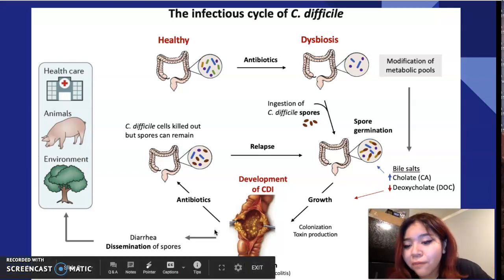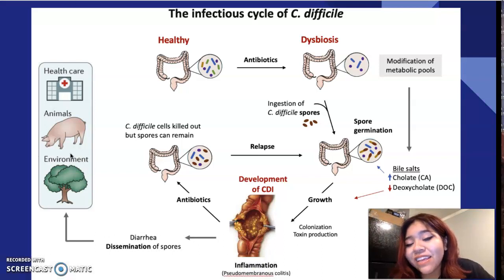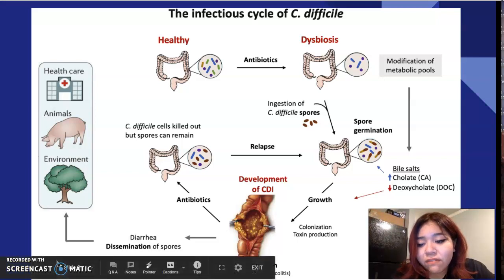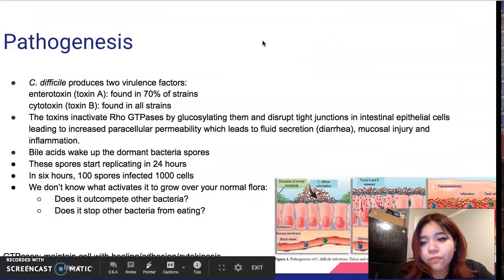And while you're having diarrhea, these spores will enter your stool and you will release them into the environment or animals, or if you're in the hospital, you could infect other people. So it's a very hard infection to get rid of.